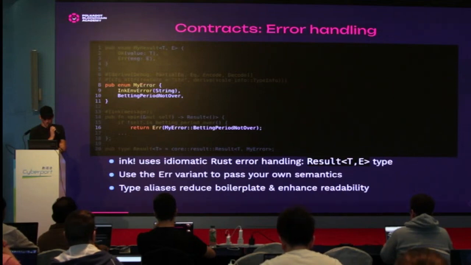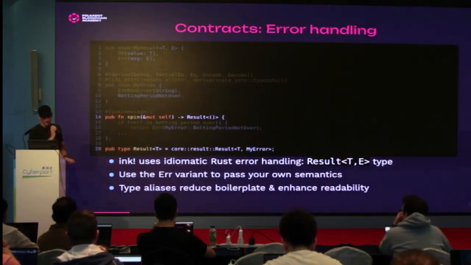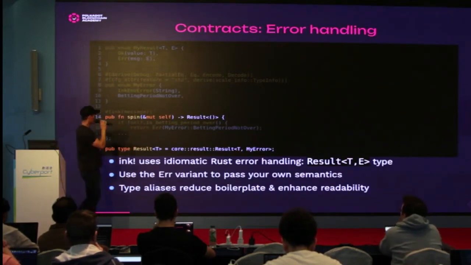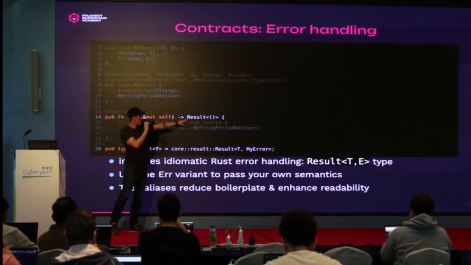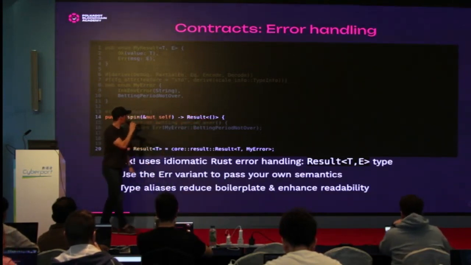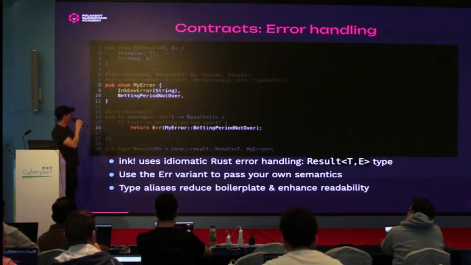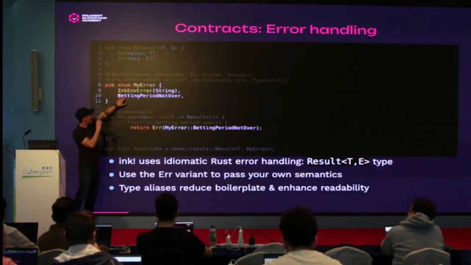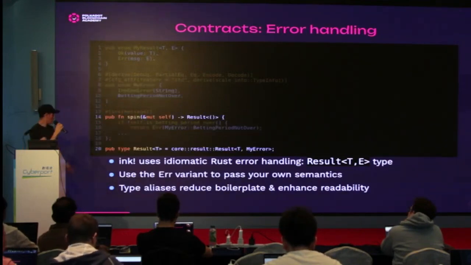And here's an example. We have a mutation that returns a result with no type. A result is either a success or one of the variants of the enum. Here's the result.